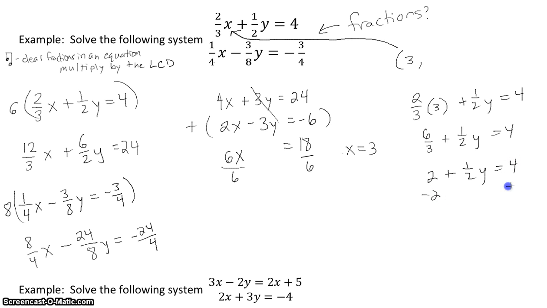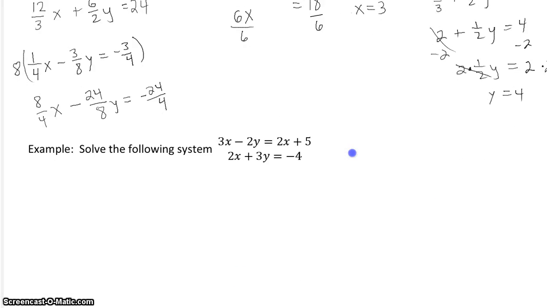I subtract 2 and get 1/2 y equals 2. To get rid of a half, you multiply by the reciprocal, which is 2. So I'm left with y equals 4. So the solution of this is 3 comma 4.